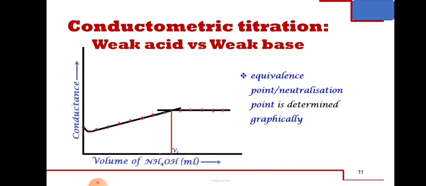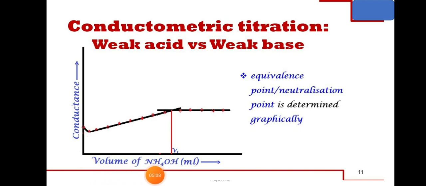By using this observation chart, we are going to draw the graph. Here we are going to add 1 ml of NH4OH, ammonium hydroxide, and check the conductance. At the start, only acetic acid is present, so the number of cations and anions is less, and we get low conductance.